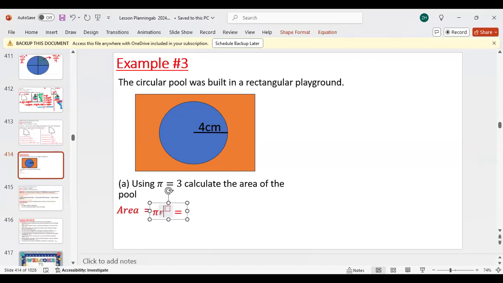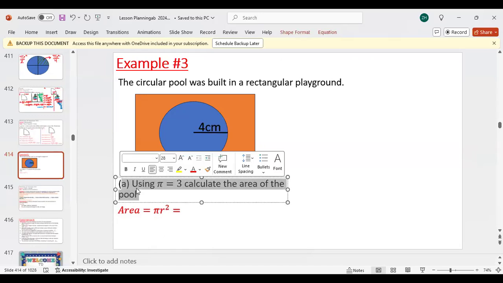So that means we have to multiply pi by the radius squared. That's the formula we have. What is pi in this case? Not 3.14.